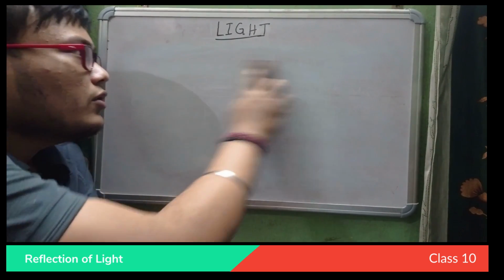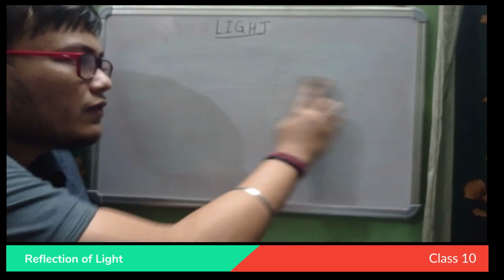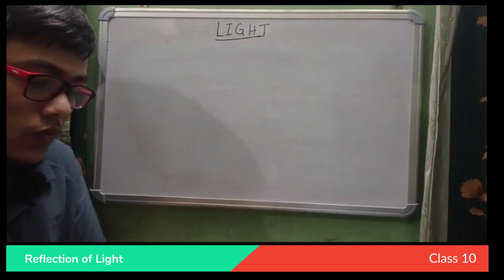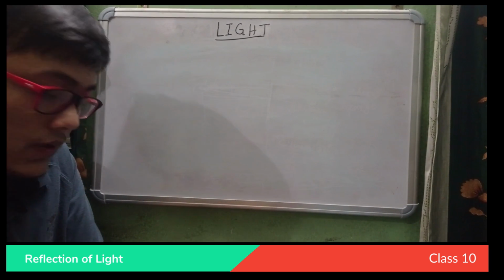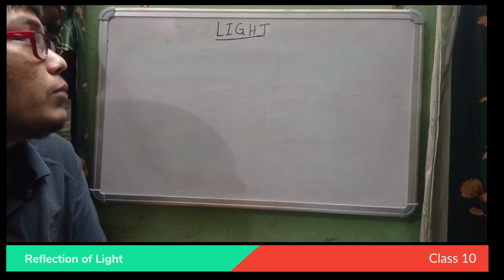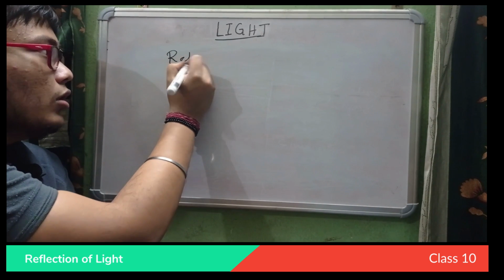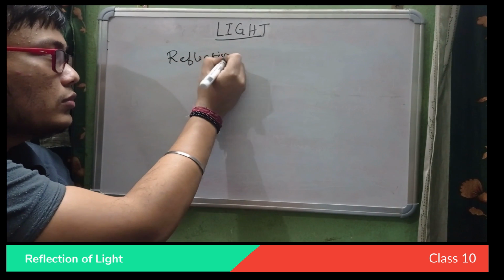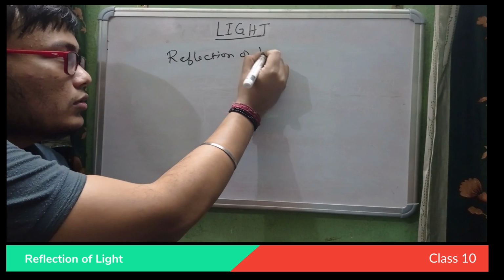So now we will start with the first concept of light here. These were all the basic parts, so we'll start with one of the most major parts of the chapter light, which is reflection of light.